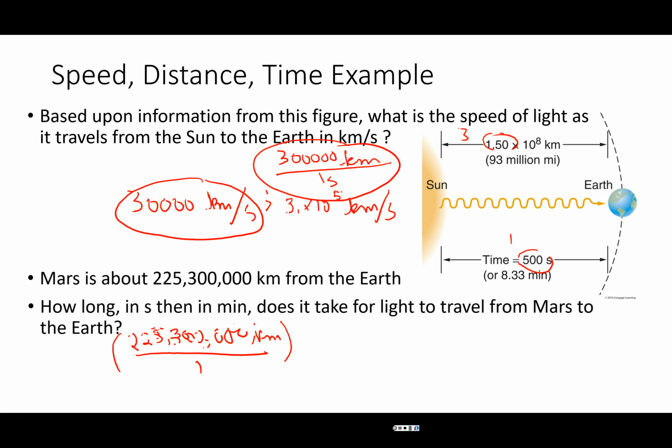So if my kilometers are here, what can I do with my speed to get seconds? Flip it. Yep. Flip it good. Okay. So I put 1 second on the top and 300,000 km on the bottom. My km cancel. I have units of seconds. It's a lovely world. So let's divide her out, see what we got.